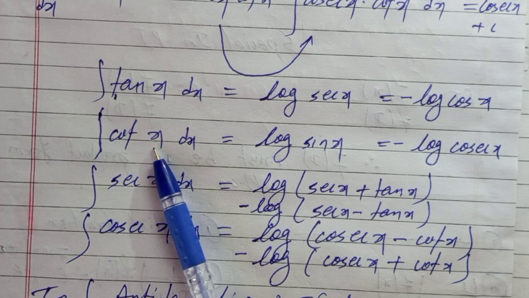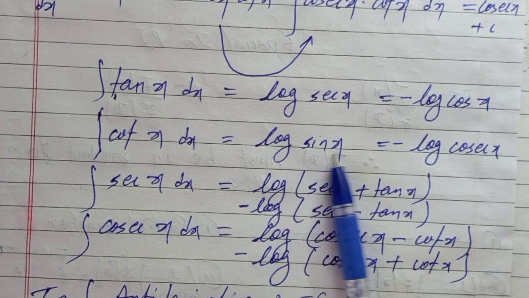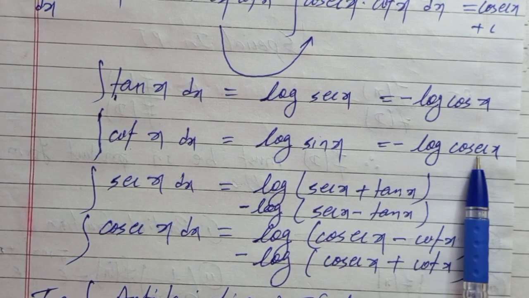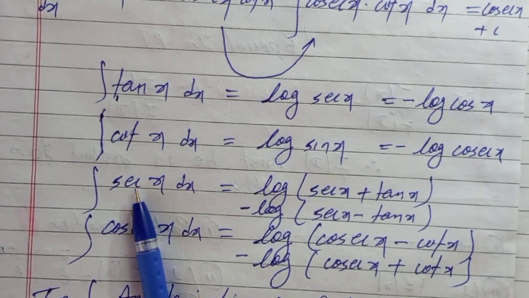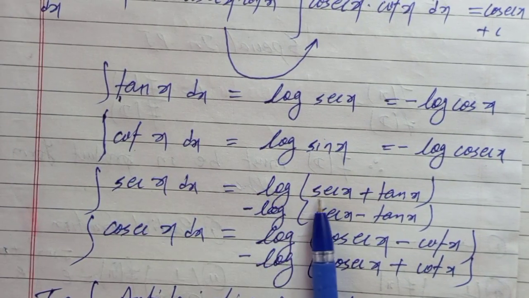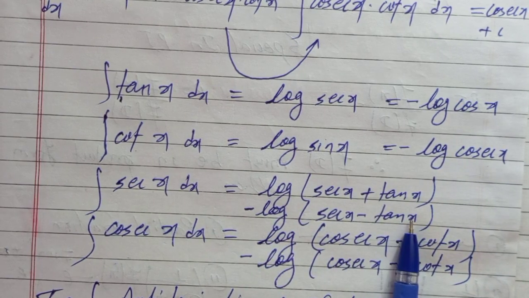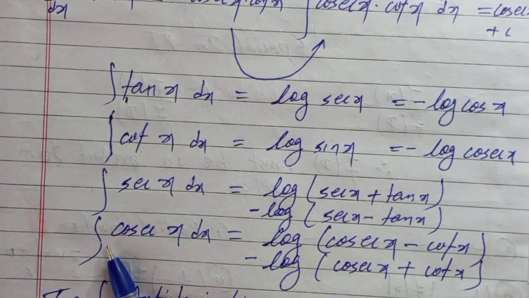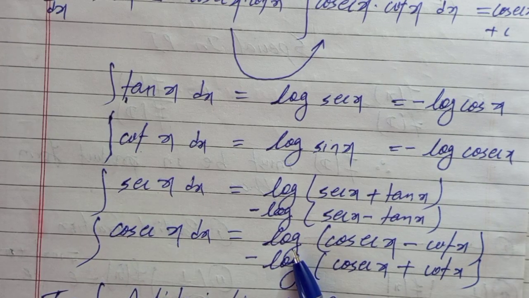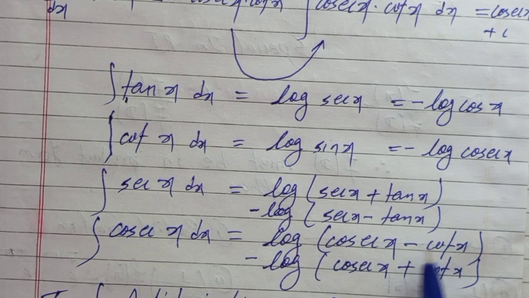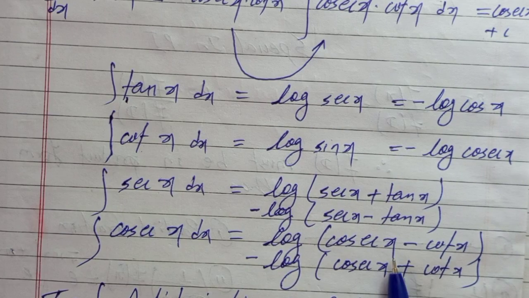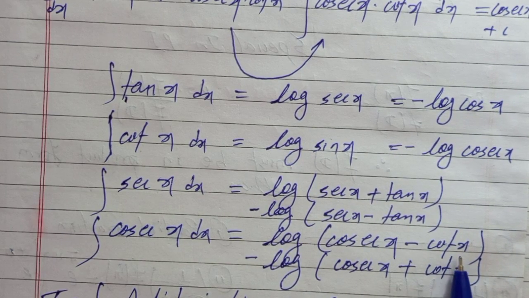Similarly, the antiderivative of cot x is equal to log sin x or minus log cosec x. Similarly, the antiderivative of sec x is equal to log of sec x plus tan x or minus log of sec x minus tan x. And finally, the antiderivative of cosec is equal to log of cosec minus cot or minus log of cosec plus cot. So you have to learn these formulas.